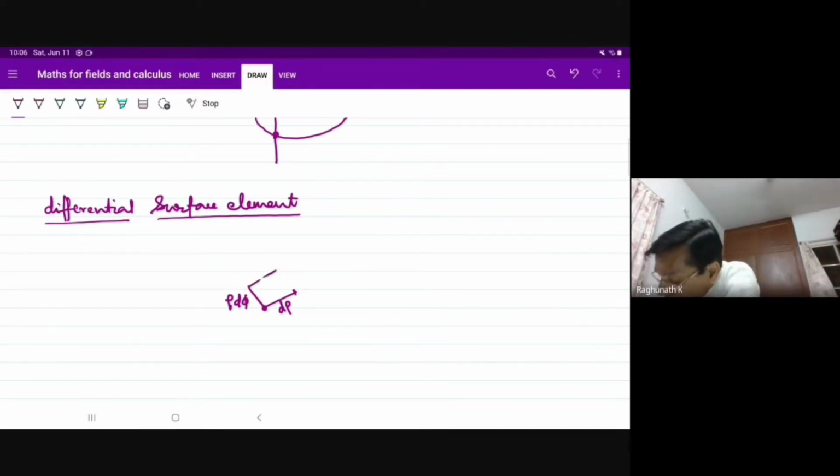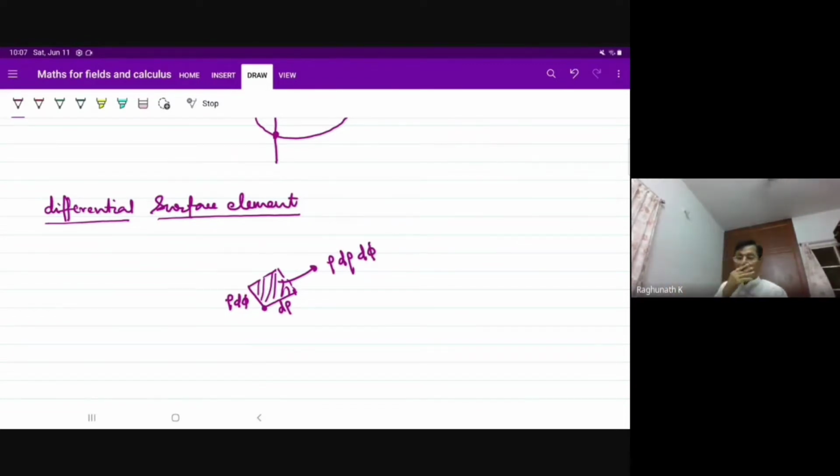Take the rectangle with these two sides. This area is rho d phi into d rho. Rho d rho d phi is ds in the circular coordinate system.